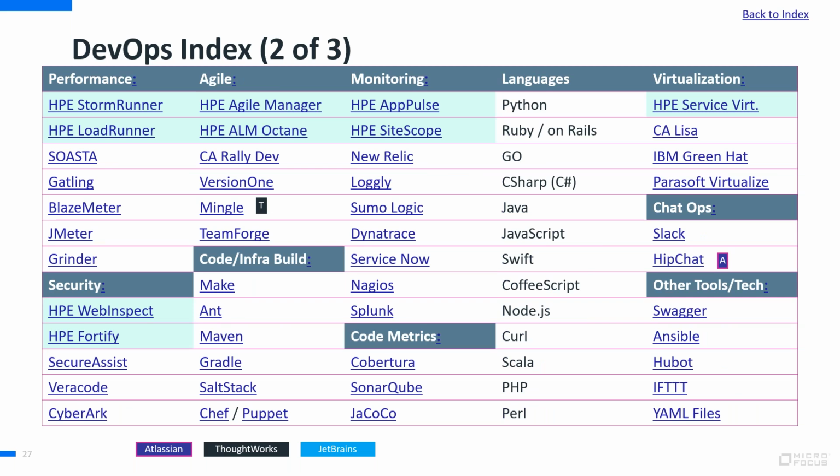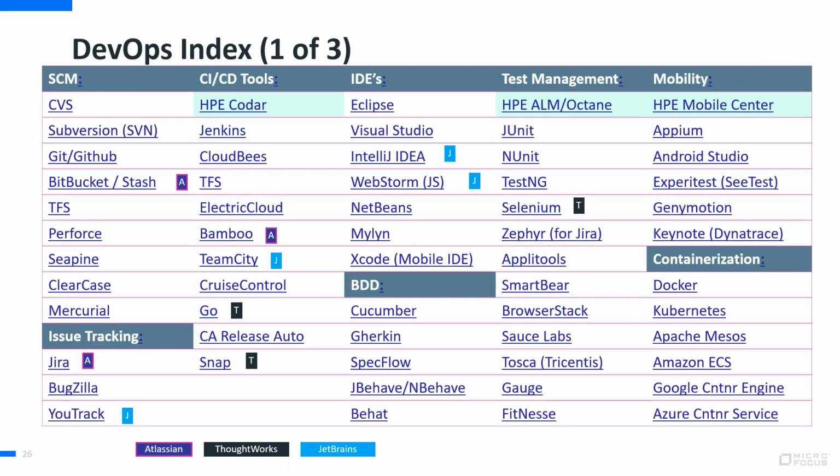Some of these are MicroFocus tools, some of them aren't MicroFocus tools. So if you wanted to do some analysis on other tools out there, here's a good starting point to see some of the MicroFocus tools, see some tools that may do something similar. You may even have some of these tools in your organization already and don't know that they would fit inside your DevOps ecosystem, right? I mean, I'm not going to go through all the tools.